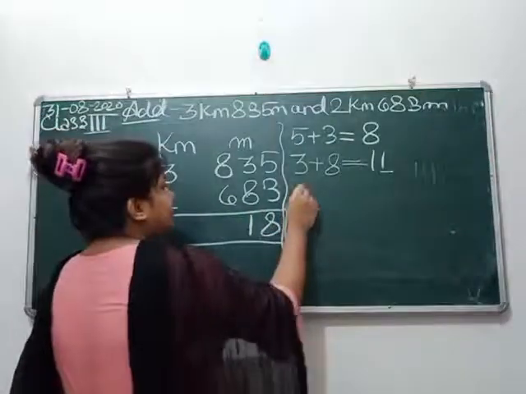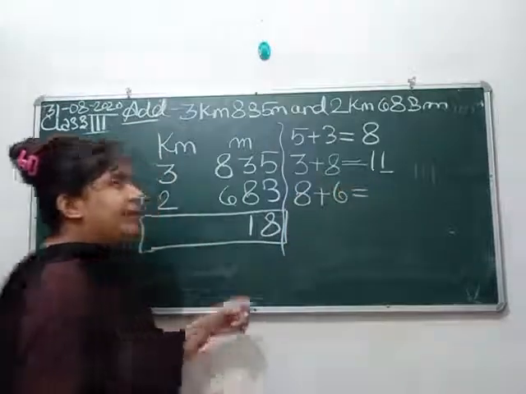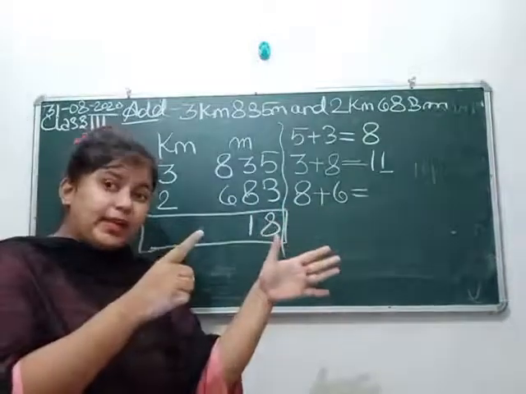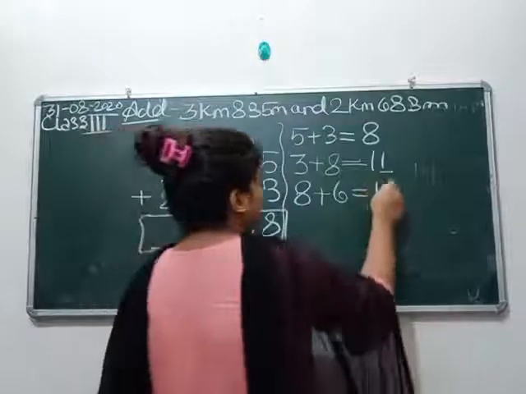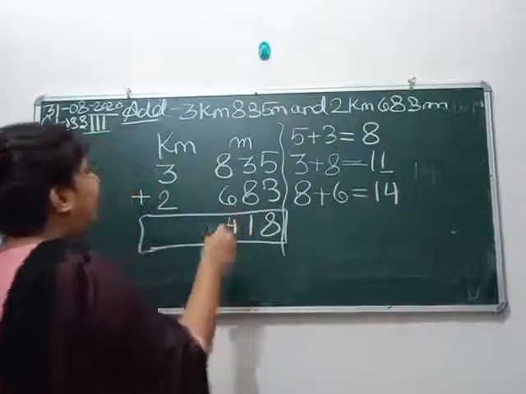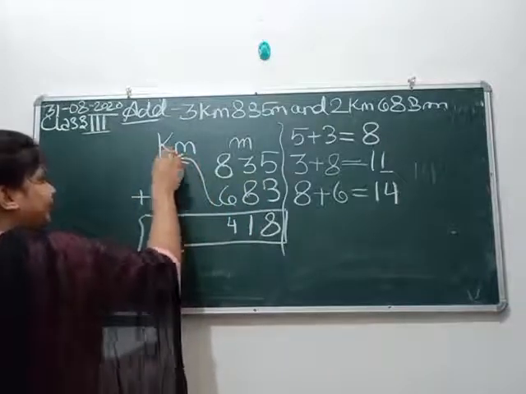Next we are having 8 plus 6. So 8 plus 6 we are having 9, 10, 11, 12, 13, 14. Yes, we are having no carry here. So for 14 we will write 4 here and we'll give carry 1 here.